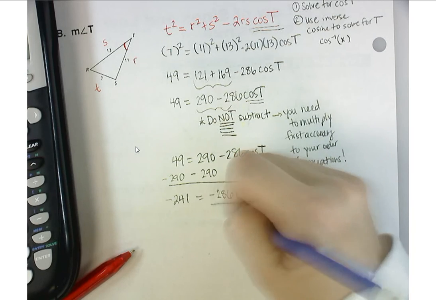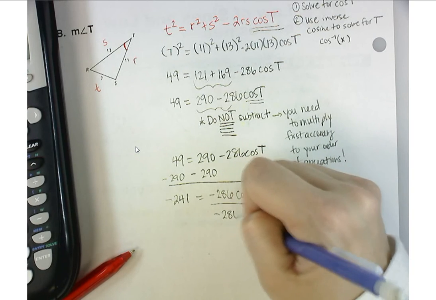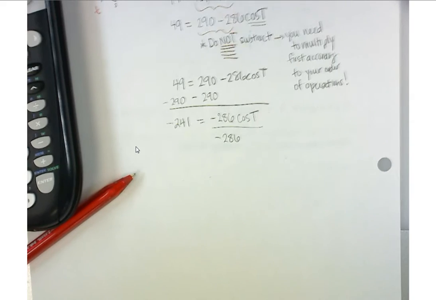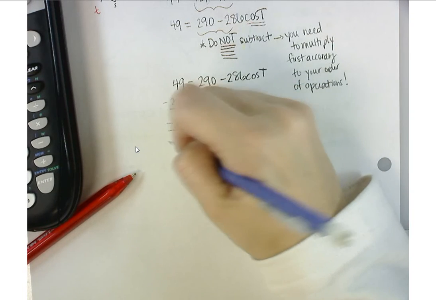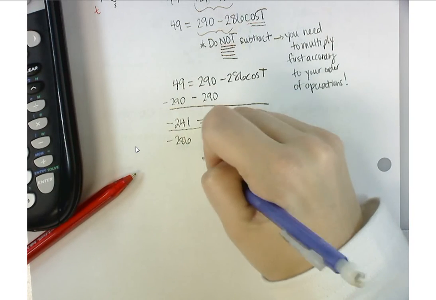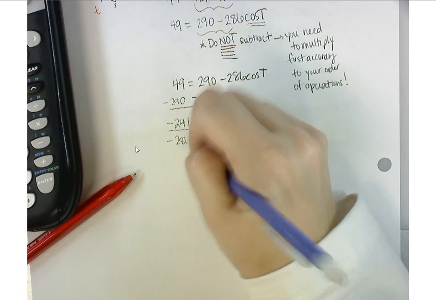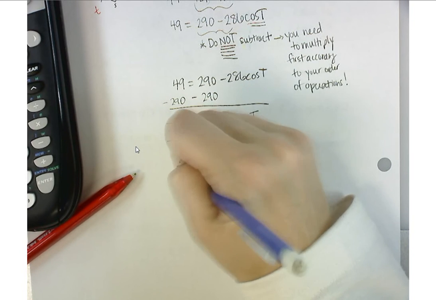And then now you're going to divide. Remember, you're dividing because that's multiplication. That's why you're not adding them. Then I have the cosine of t equals, really a negative over a negative is a positive over a positive.